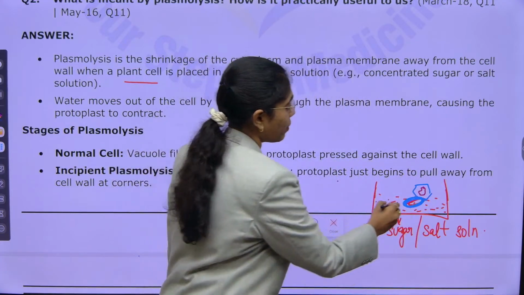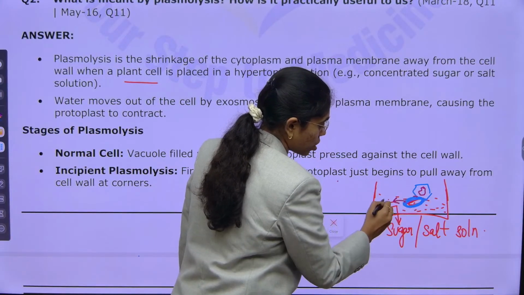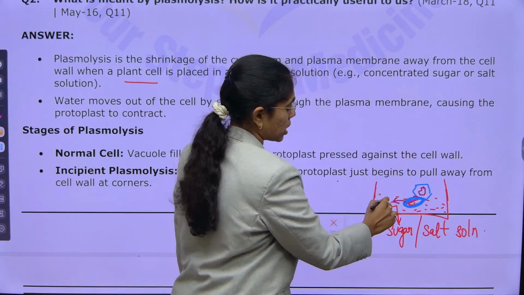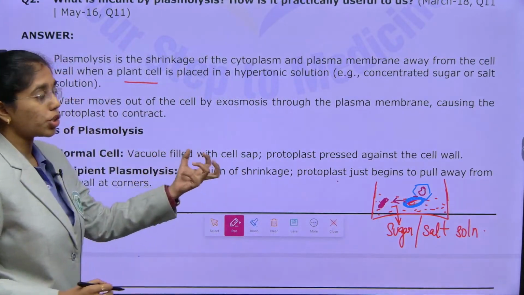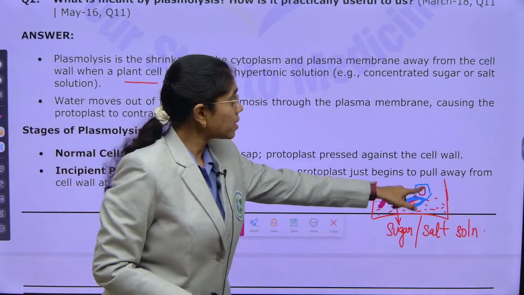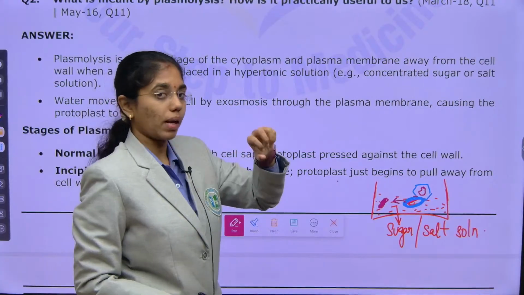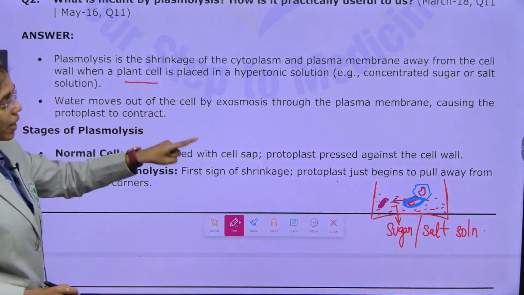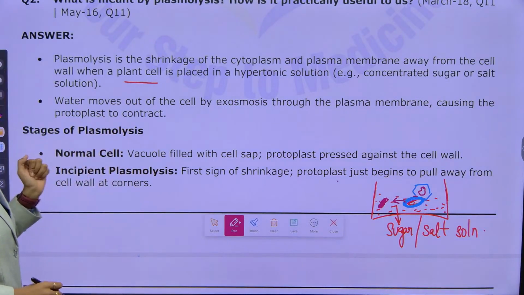As such, the raisin which is in this condition will be shrunk to this condition. Fine, right. So, what is plasmolysis? The shrinkage of cytoplasm and cell membrane away from the cell wall, that is towards the cytoplasm, it will shrink when it is placed in the hypertonic solution, that is concentrated sugar or salt solution.